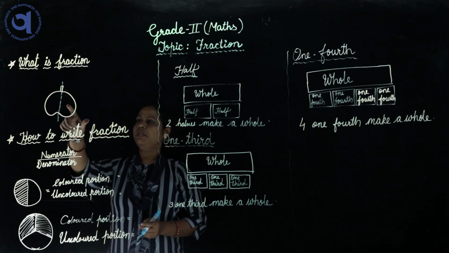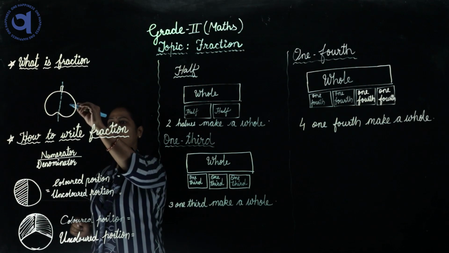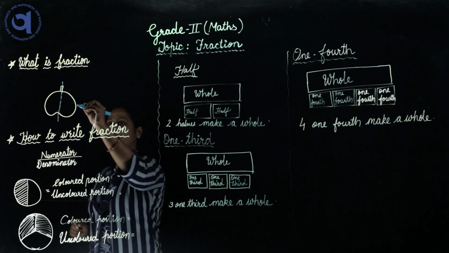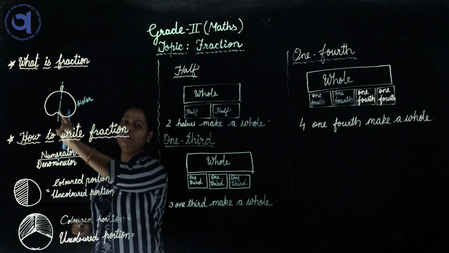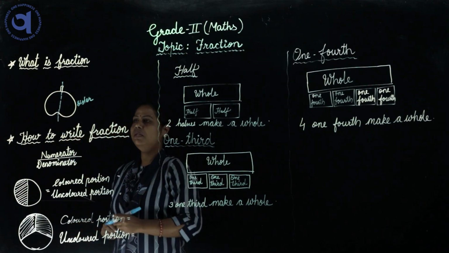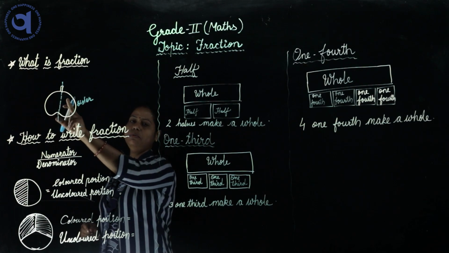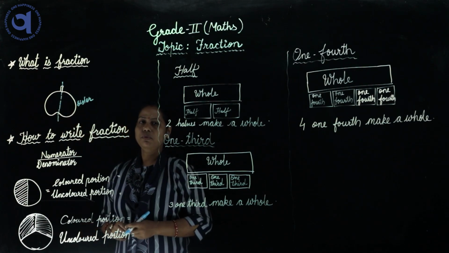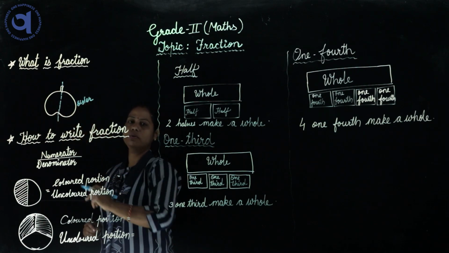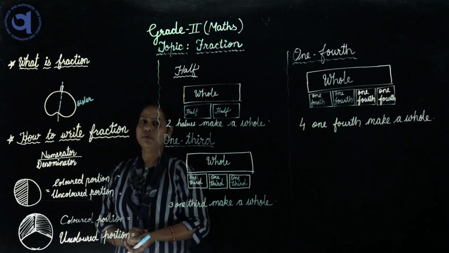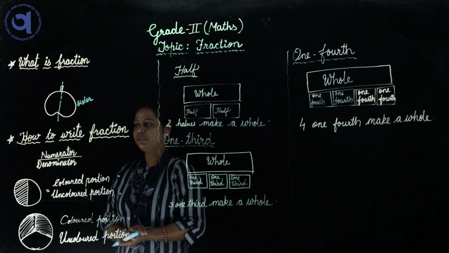And if you give one half or one portion to your sister, remaining one part is with you, okay. So these equal two parts of a whole are called fraction. This is one part and this is also one part and both parts are equal. So this is called fraction.